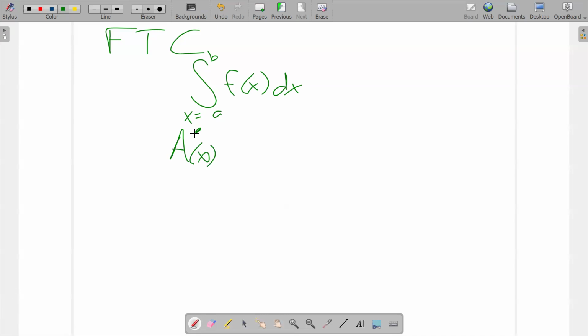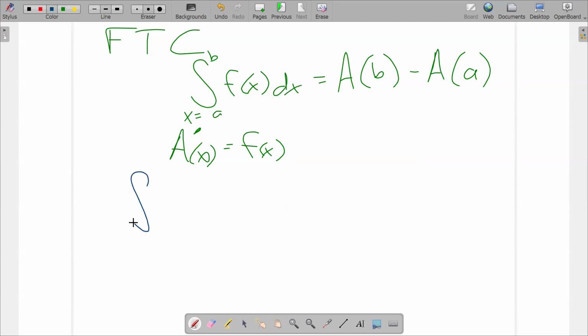If A's derivative happens to be that little f of x, then that means big A is an antiderivative. And the fundamental theorem of calculus says the answer to that definite integral is just that antiderivative function evaluated on the right minus that same function evaluated on the left. The essence of the fundamental theorem of calculus right there.